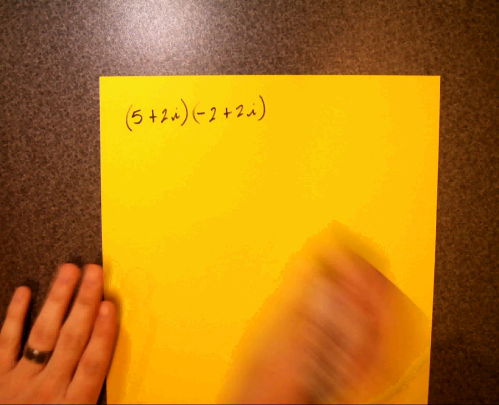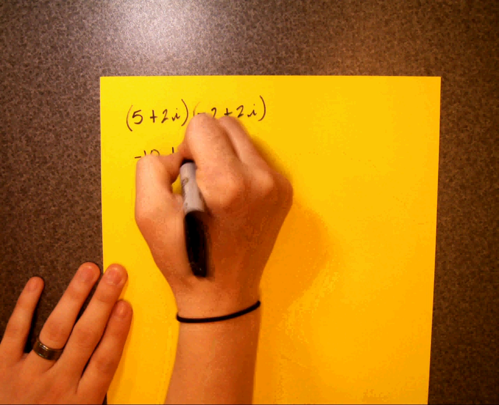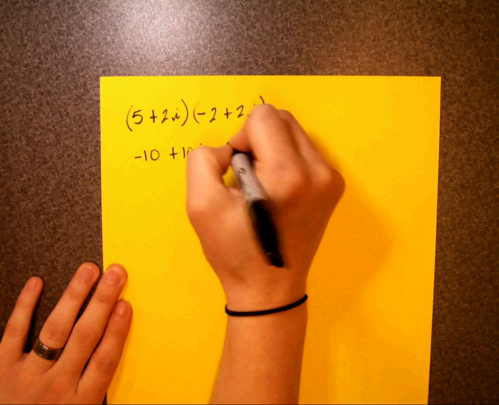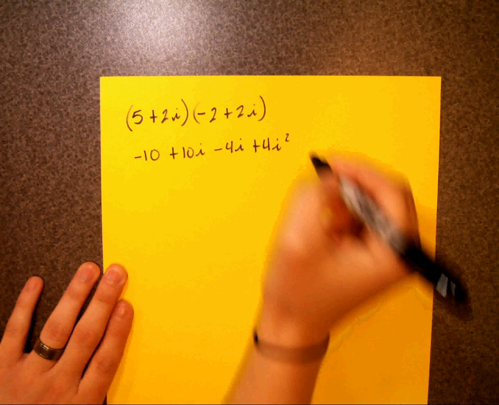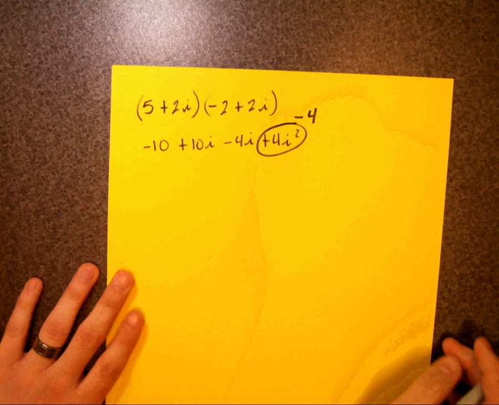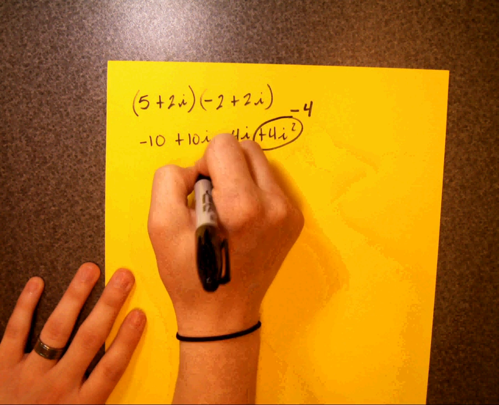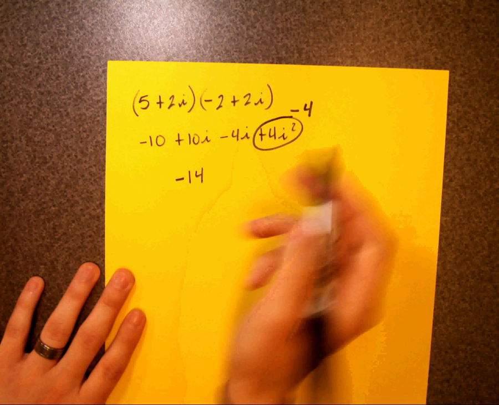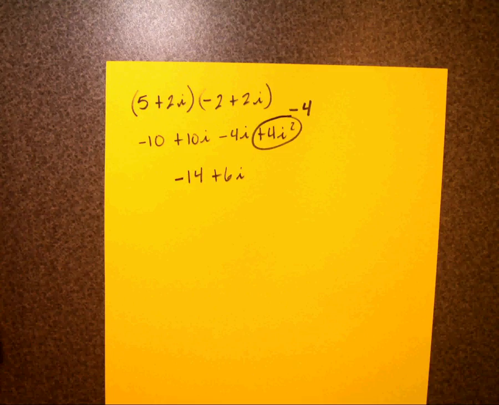So distributing, I get negative 10 plus 10i minus 4i plus 4i squared. 4i squared just turns into negative 4. So combining like terms, negative 10 minus 4 is negative 14. And 10i minus 4i is positive 6i. Check my arithmetic.